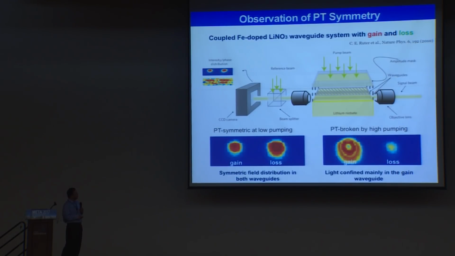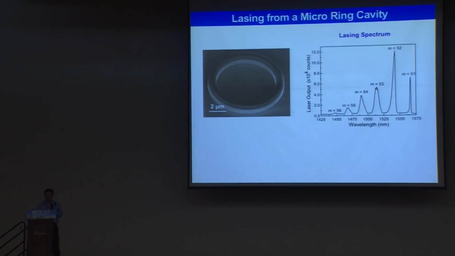But when you pump harder at the higher fluence, the gain-loss contrast is so high that it cuts off the coupling between the two waveguides. Therefore, if you couple first from the gain side, it comes out from the gain side even stronger because it goes through again. So this is one of the interesting examples.